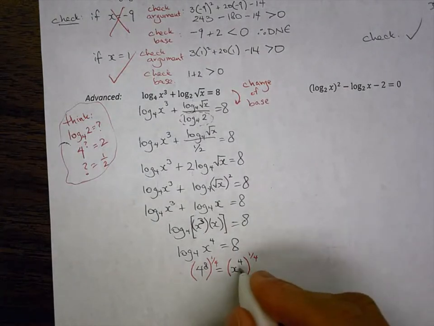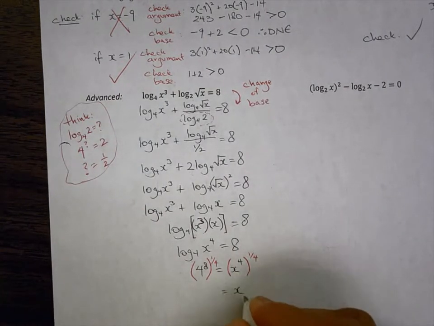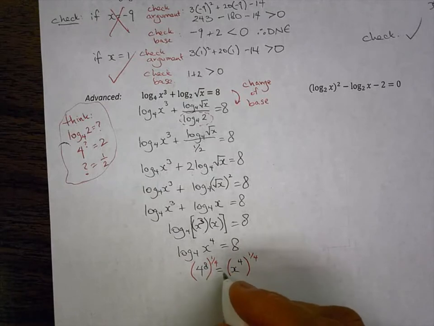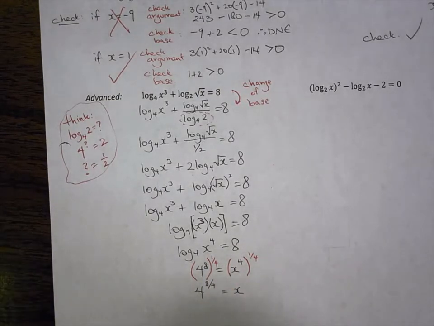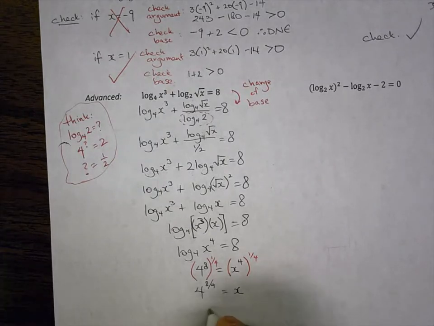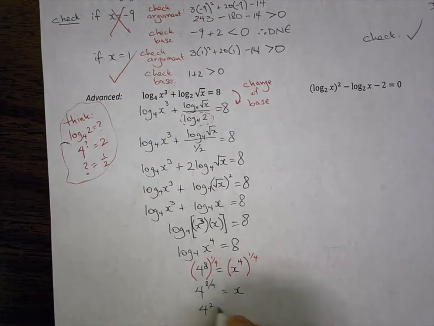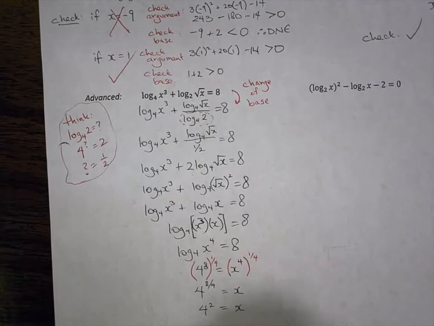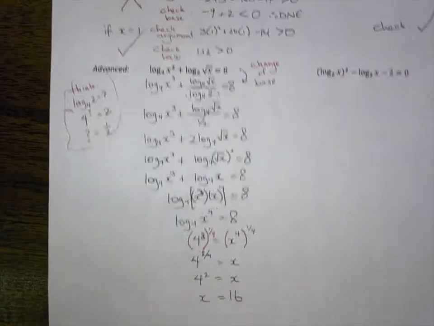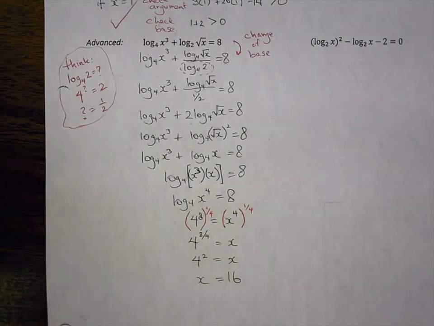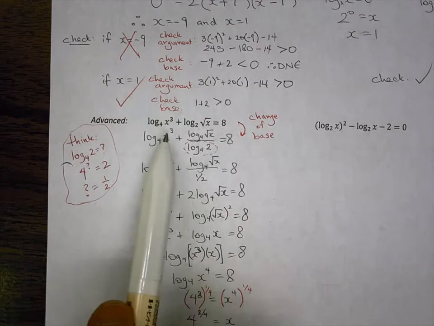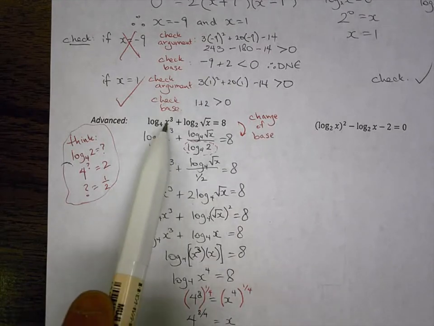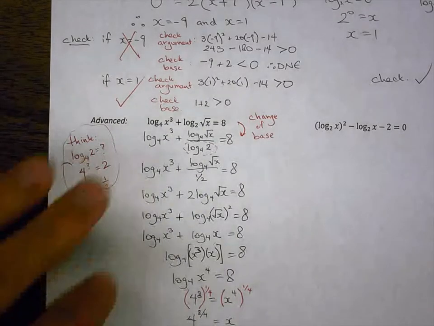So 4 to the 4th, this is going to become x, and this is going to become 4 to the 8 over 4, or, in other words, 4 to the 2. That means x is equal to 16. Oh, there it is. Oh, what a marathon. If we look at the x, 16 will be positive. So if I do a quick check, it's okay.